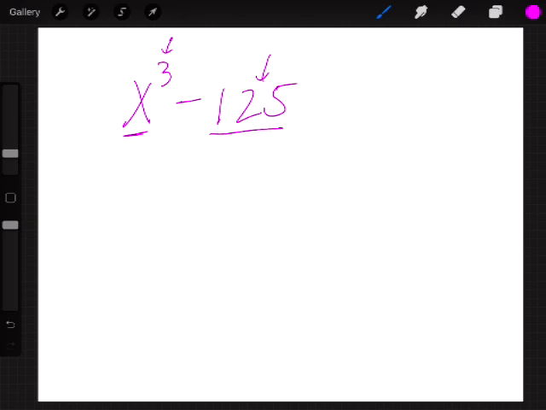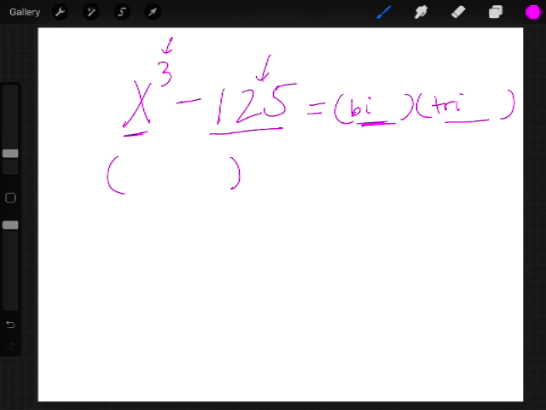And it is. Now, this is brand new. Your answer every time is going to look something like this: you're going to have a binomial, and then you're going to have a longer one that's going to be a trinomial. You always have to get the binomial first, and it's the most important part.